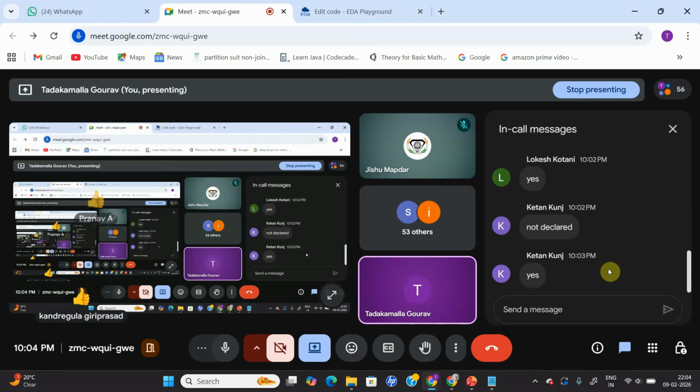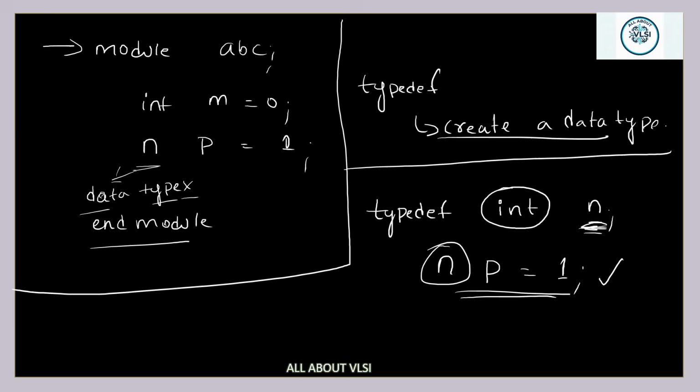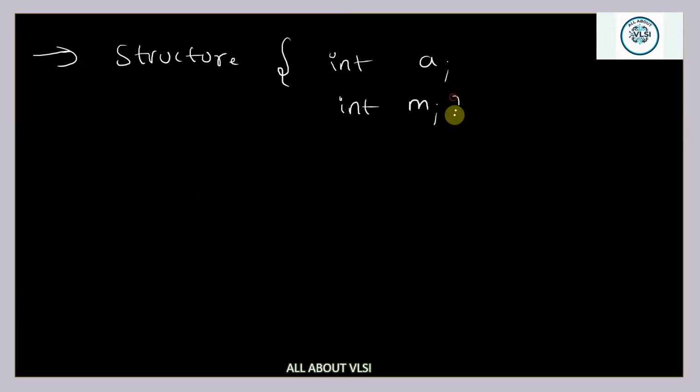Yes, yes. Now, let's say in our previous example we have seen a structure example, and here we have written int a, int m, and this is one variable p1 and another variable p2.